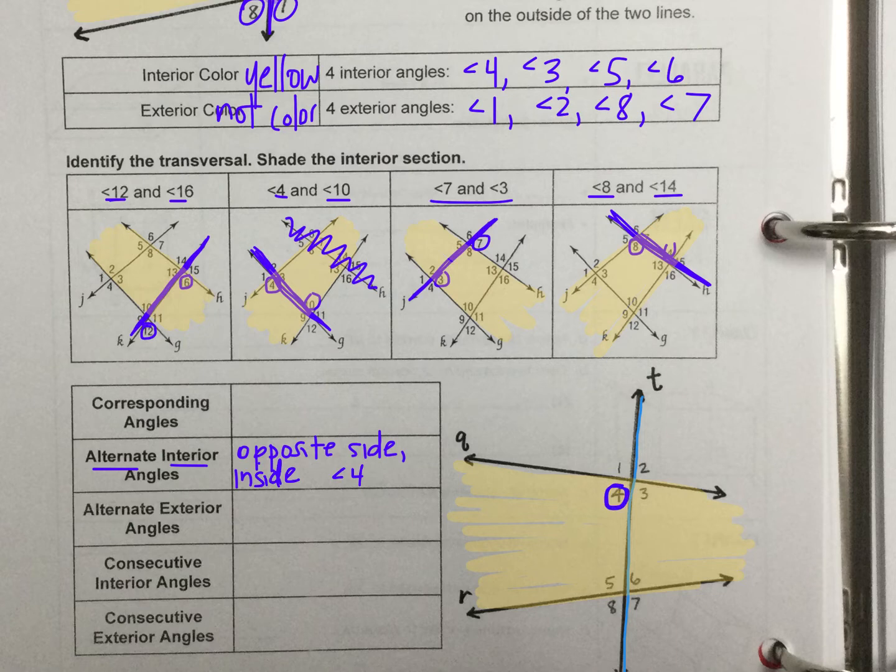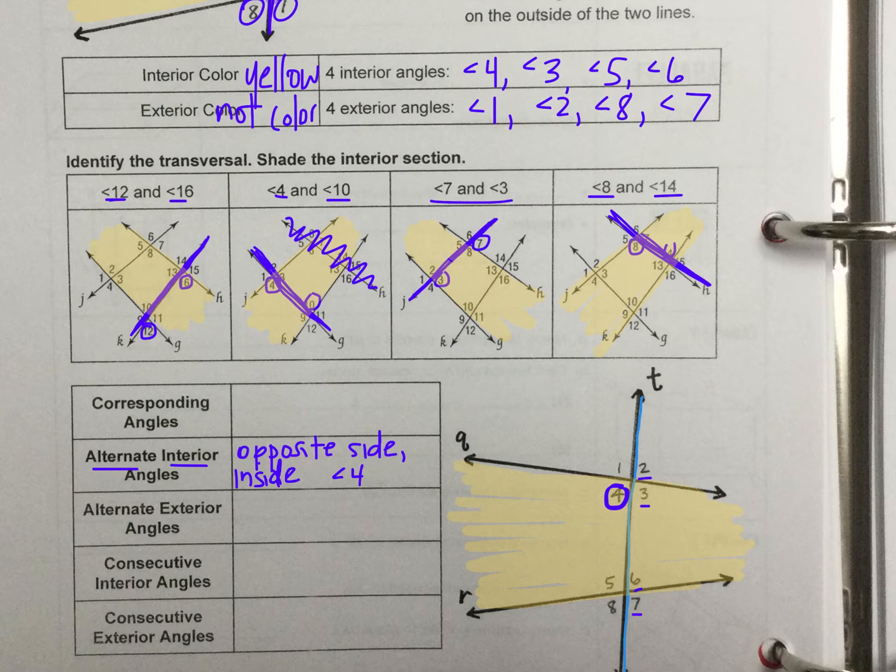All right, so I'm going to start with angle 4. He's right here. The opposite side on the blue line. So 4 is on the left, so 3 and 6 are opposite sides, and 2 and 7. They're all on opposite sides of the line from 4.